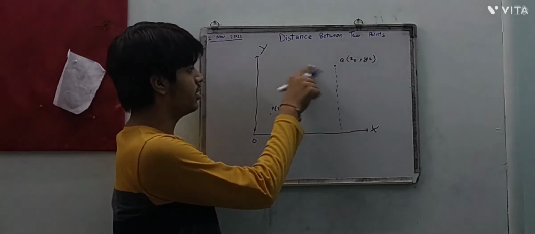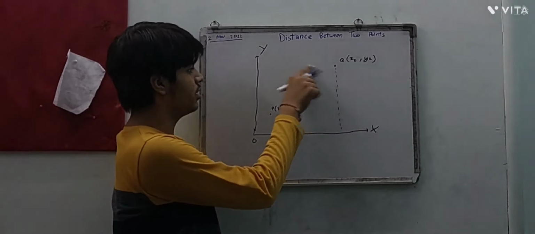Now there is magic going to happen, because we are going to make a triangle by joining the point P and point Q. Now you can see that PMQ is a right triangle, and math is full of right triangles. So by some theorems of right triangles, we can calculate the length of PQ easily.